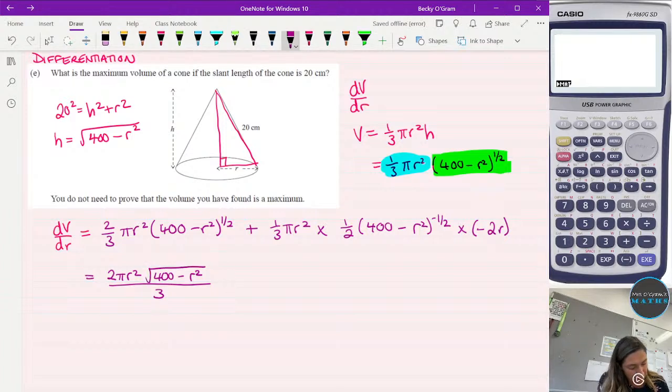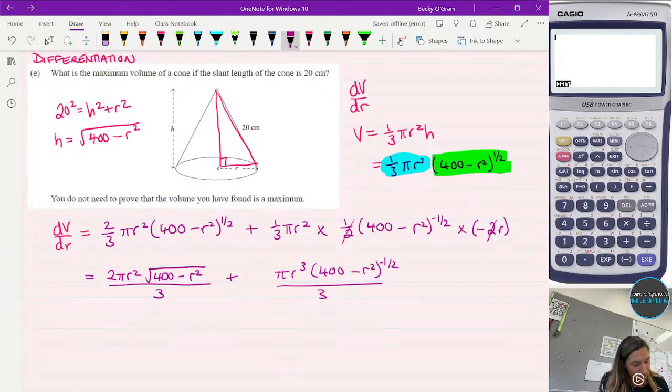There we go. Plus, on this side, we've got the half cancels with the 2 there. The r comes out and multiplies by the pi r squared. So we have pi r cubed, (400 minus r squared) to the minus 1/2, all over 3.